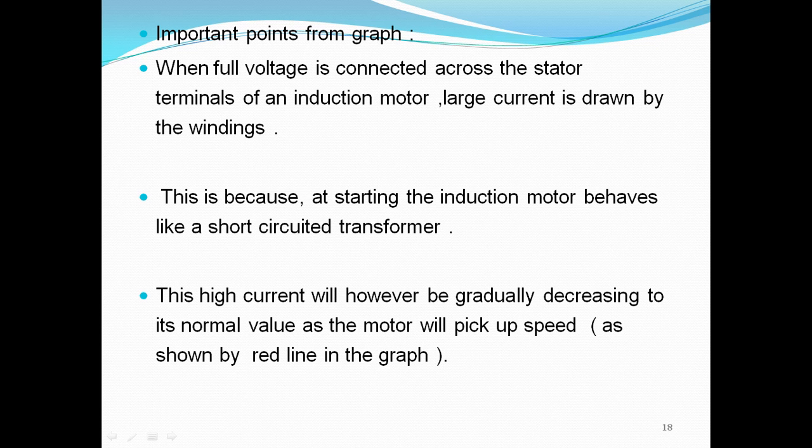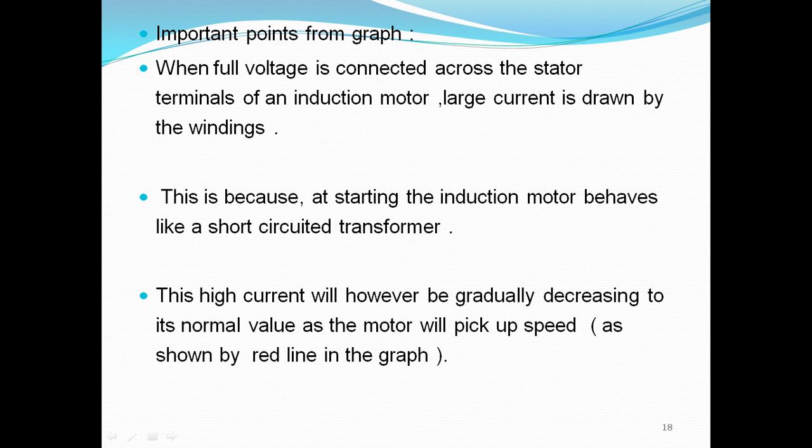It consists of start and stop buttons with its contacts, and it not only starts the motor, it also protects the motor from overload and underload. Another application is that it can be used for on and off purposes also.